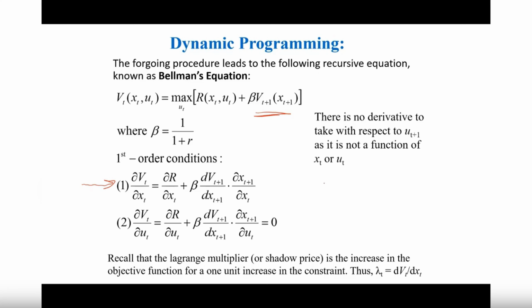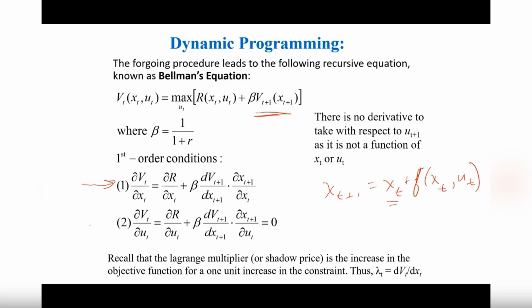Remember x_{t+1} is equal to, if we rearrange it, x_t plus that function f, a function of x_t and u_t. So we take that derivative of x_{t+1} with respect to x_t.